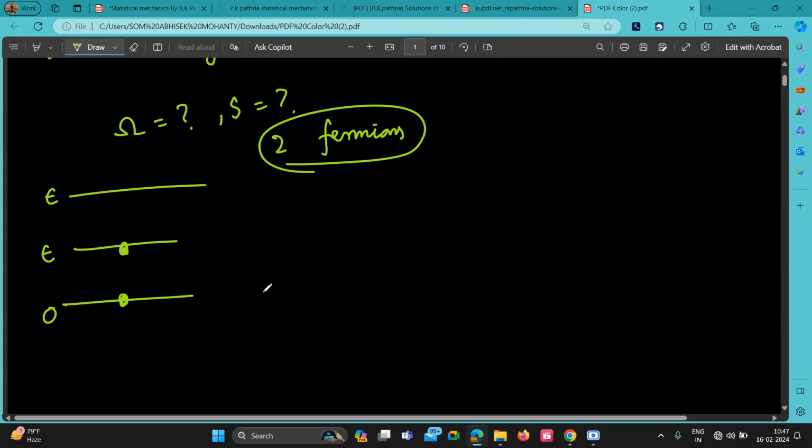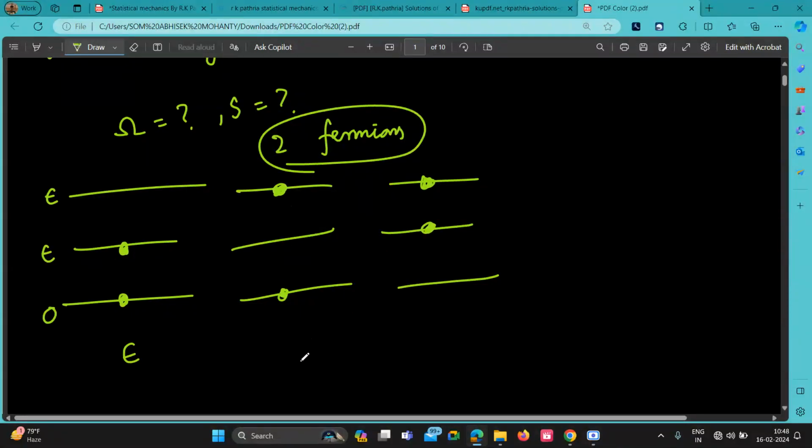Fermions are indistinguishable. Then one here, one here, then one here, one here. Alright. So total energy for this one is epsilon, total energy for this one is epsilon, total energy for this one is 2 epsilon. Right. So this is our E1, E2, and E3.